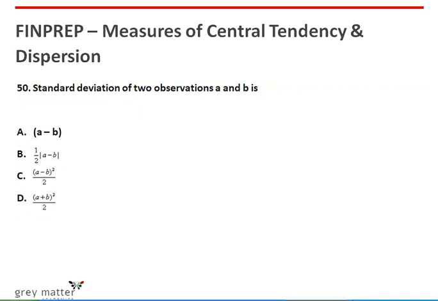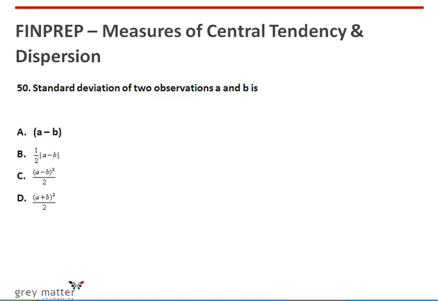50th question. Standard deviation of two observations A and B. Using the formula for SD, we get half of either A minus B or B minus A, because standard deviation is always positive.